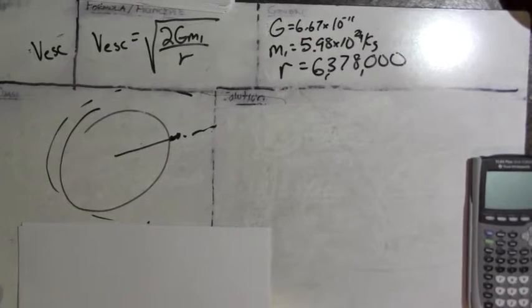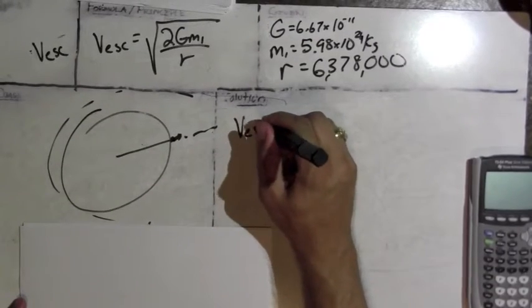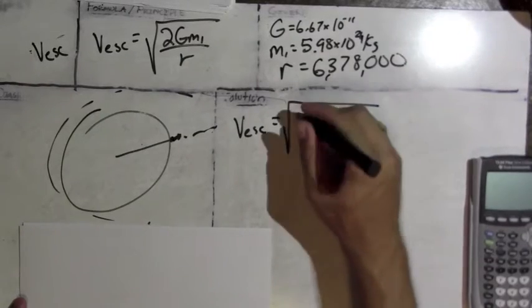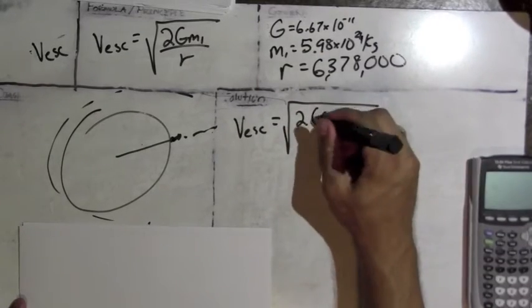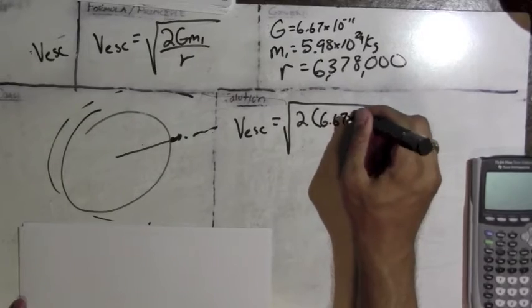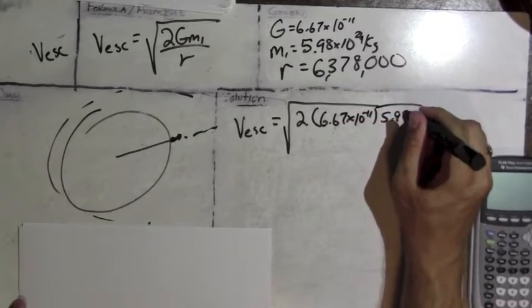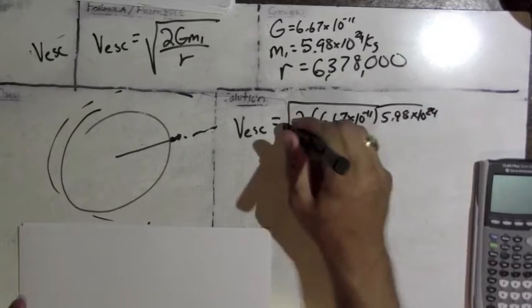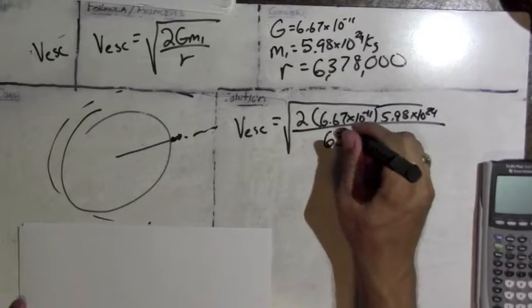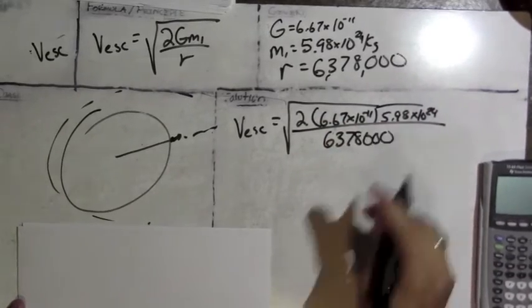We just plug our numbers in and we say, okay, the escape velocity is equal to the square root of 2 times 6.67 times 10 to the minus 11th times 5.98 times 10 to the 24th, and then all of that divided by 6,378,000.